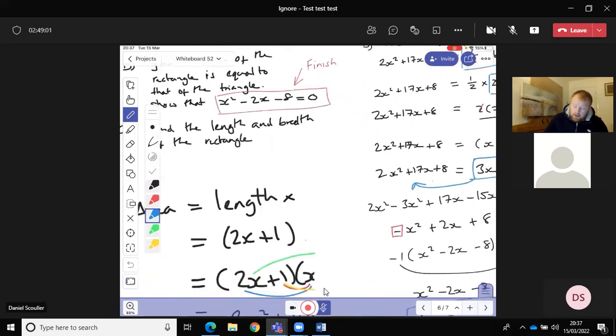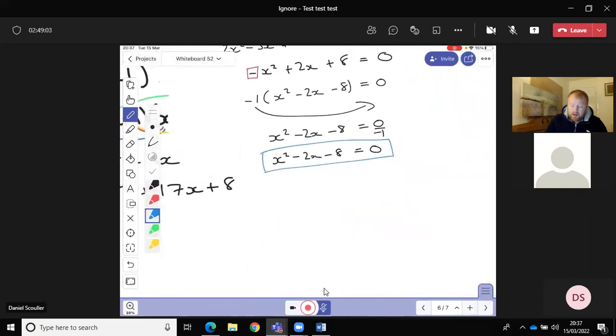Okay, so we are taking that equation in part B, and for part C, we're just finding the roots.